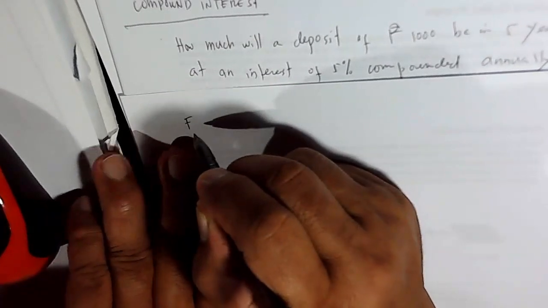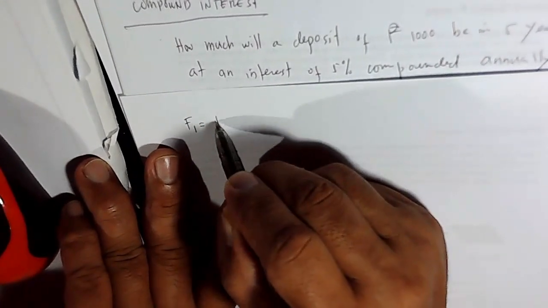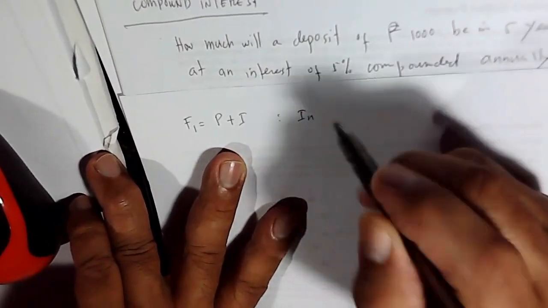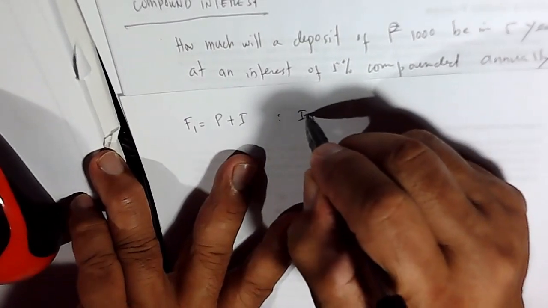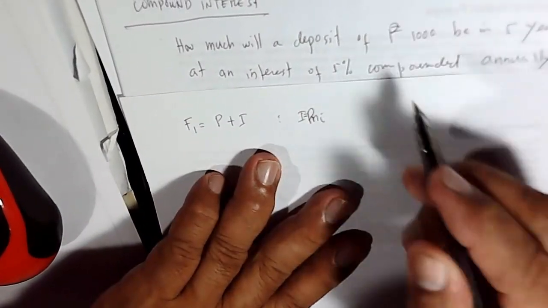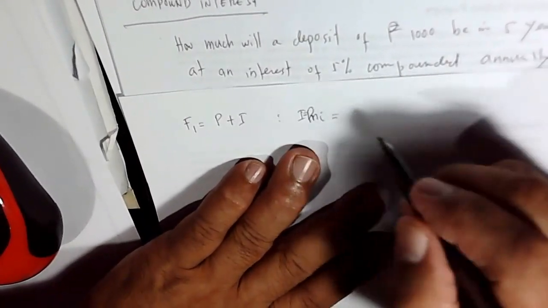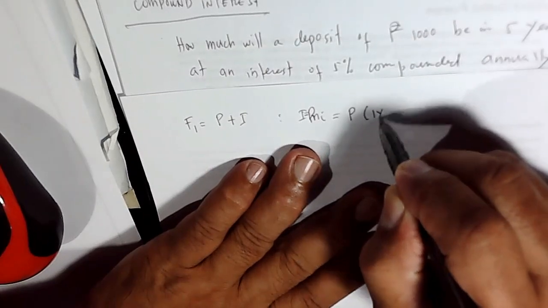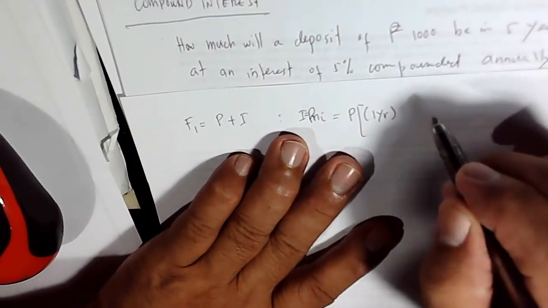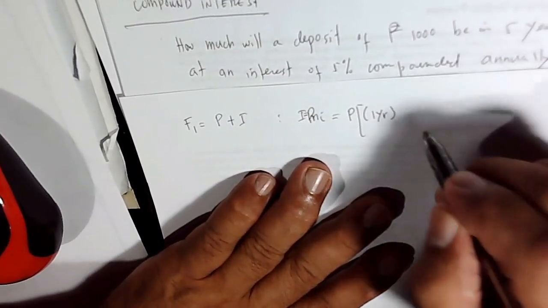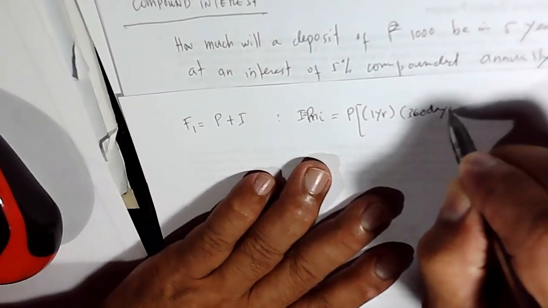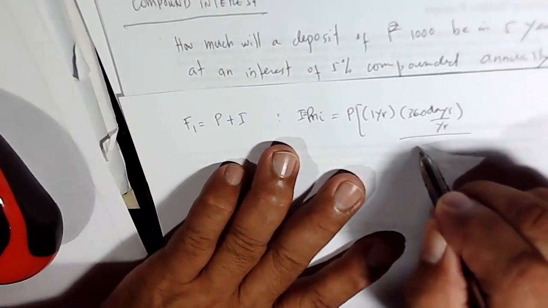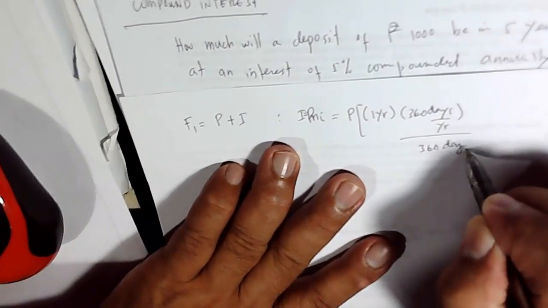We are going to determine F1 equivalent to P plus the interest, where interest I is equal to P and I, but since it is on a yearly basis, then we have P multiplied on the first year, you multiply that with the whole days in a year of 360 days per year, and you divide this also, for ordinary simple interest, by 360 days per year also.